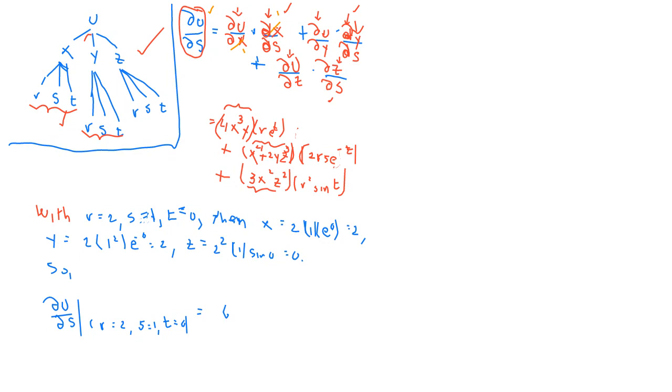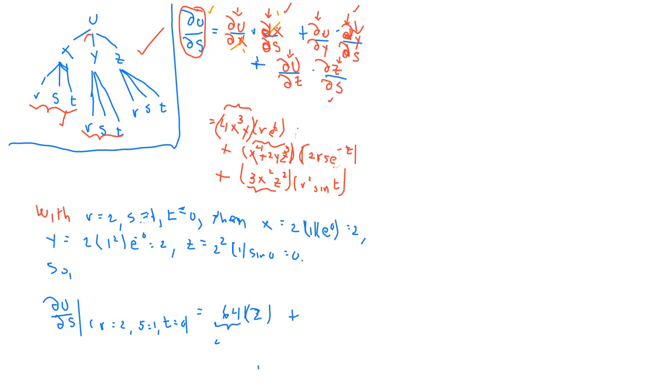It's going to equal 64 times 2. Oh, where's the 64 come from? Well, we have 4x cubed y in the first link. So 64 is 4x cubed y.